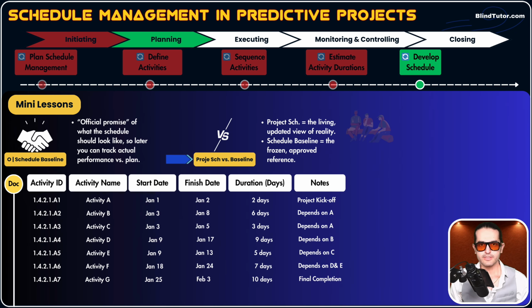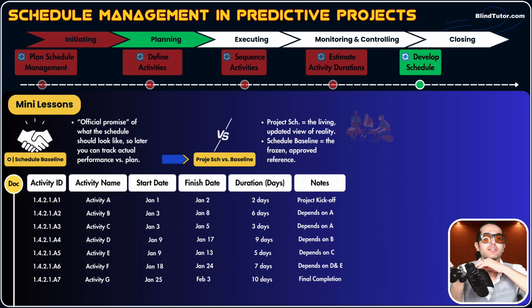So to wrap it up, guys, we have one document called the project schedule. It's a living document. It shows the actual dates, because our project is performing and we have actual progress. Based on this progress, the project schedule reflects the real numbers. But the schedule baseline is a frozen document.